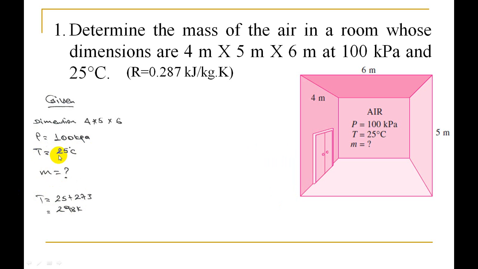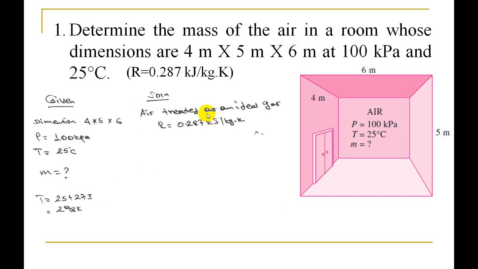First, let's change this temperature into Kelvin, because our pure substance is air, so we can use the ideal gas equation because air is an ideal gas. So to use the ideal gas equation, we have to change this degree centigrade into Kelvin. Otherwise, the answer will be wrong because R is given in Kelvin here.